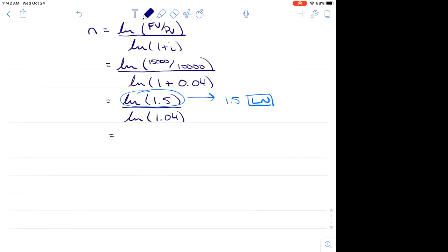So I get this kind of big decimal, 0.405465108. I'm going to store this just in case I lose it. I'll store it in 1.